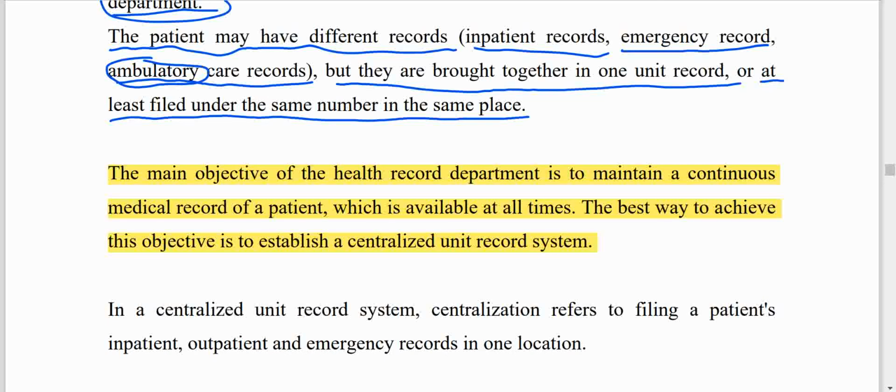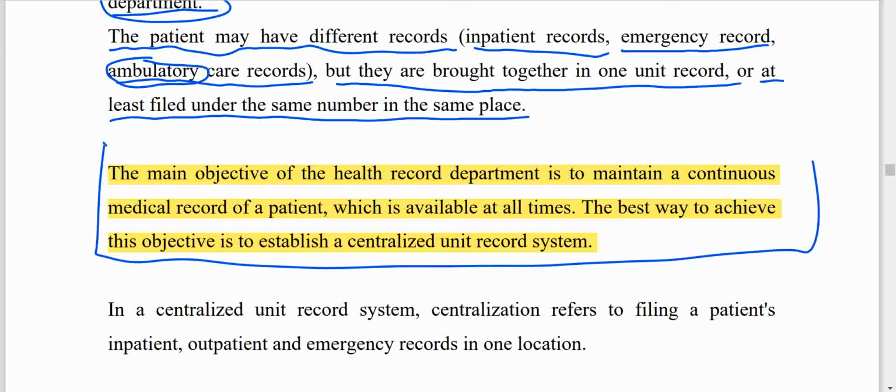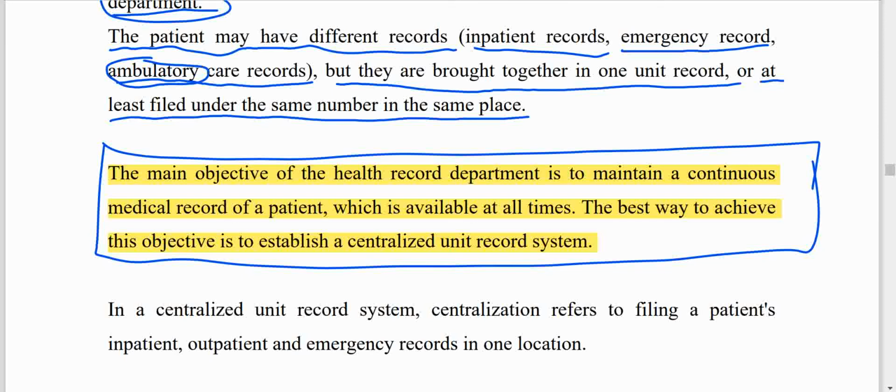Right. So the main objective of the health record department is to maintain continuous medical records of our patients, which are available at all times, and the best way to achieve this objective is to establish a centralized unit record system. It is a very simple thing that we should be aware of: the objective of the medical record department is to ensure that records of patients are maintained continuously and are always available at all times.